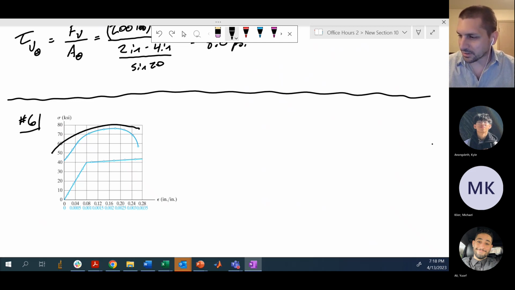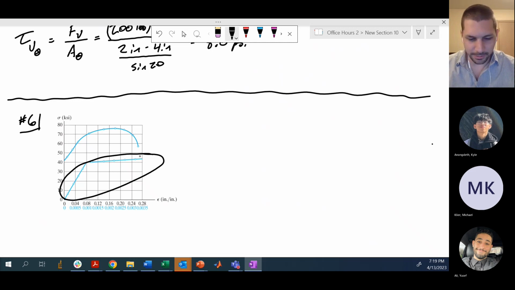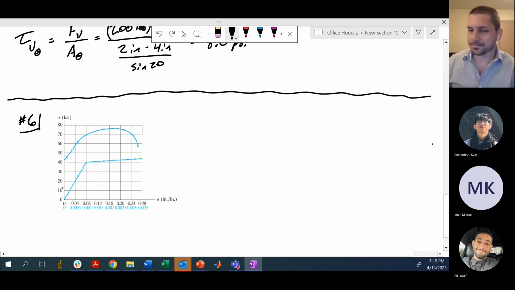And then this larger curve is trying to show you what's happening more on the back end of the test, okay? So this is just a very blown up version of the very skinny, low displacement curve, like in this region of the larger curve. So keep that in mind.